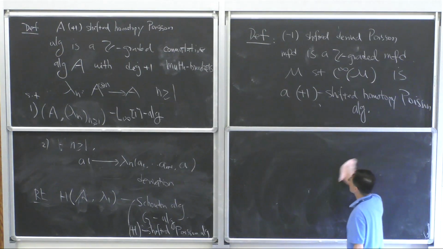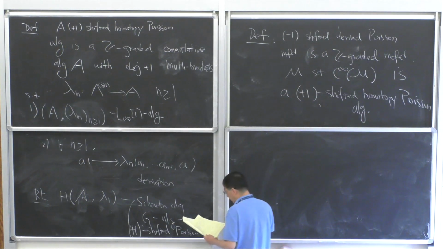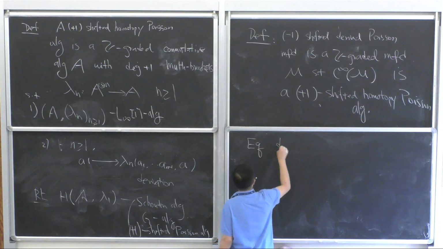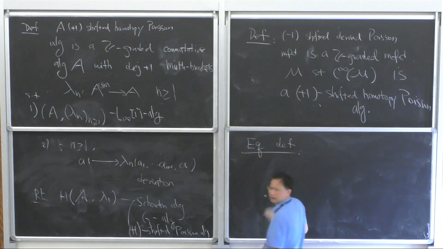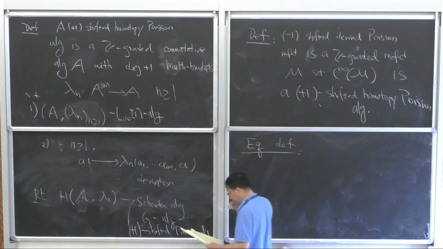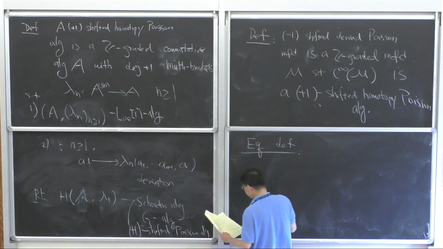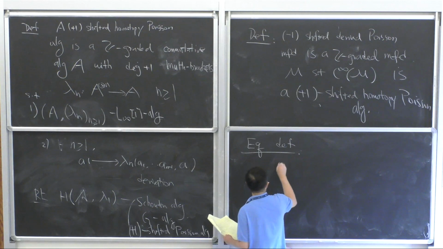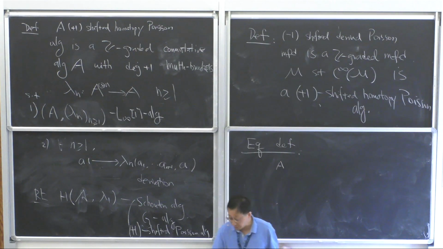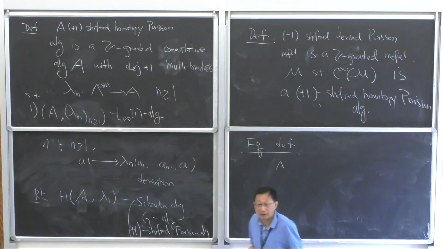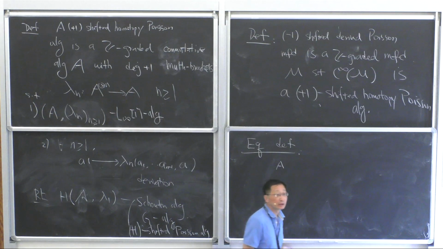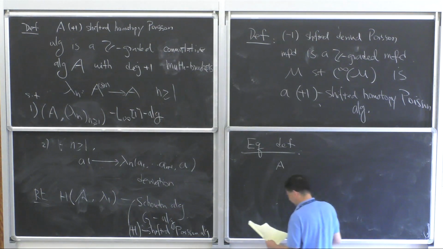So here there's an equivalent definition: instead of the algebra, you use the bivector field. Since I'm shifted, instead of bivector fields, you get symmetric tensor vector fields.